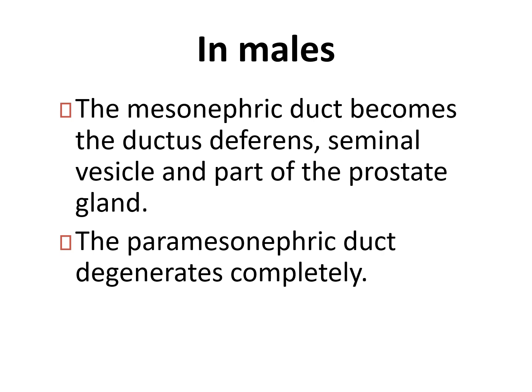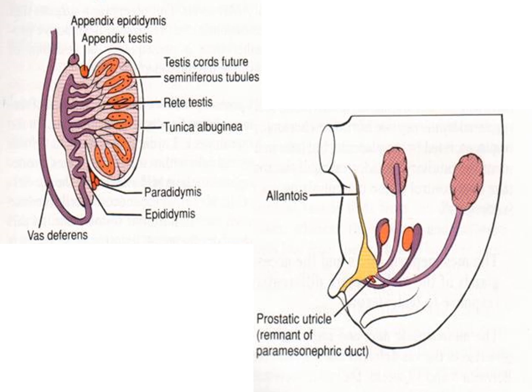The paramesonephric duct degenerates completely, and sometimes we see rudimentary bodies. So here we will see the violet color, and the orange color will disappear.